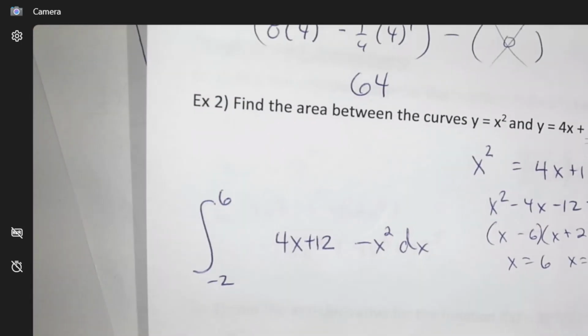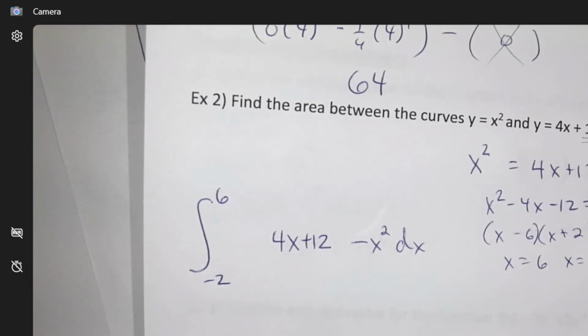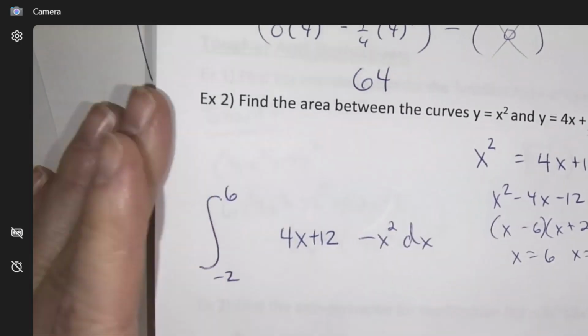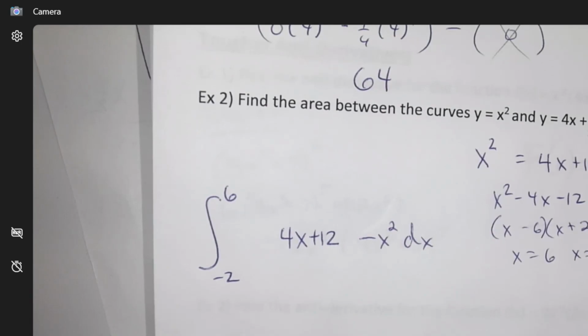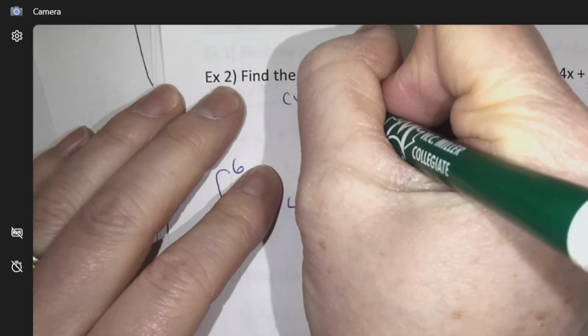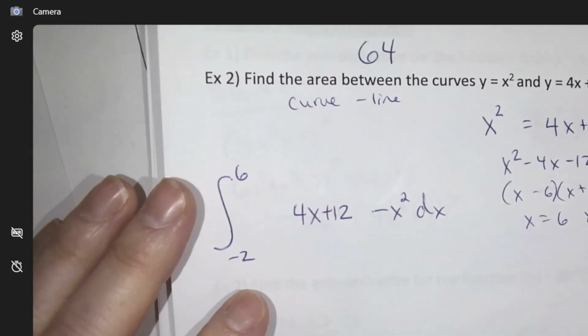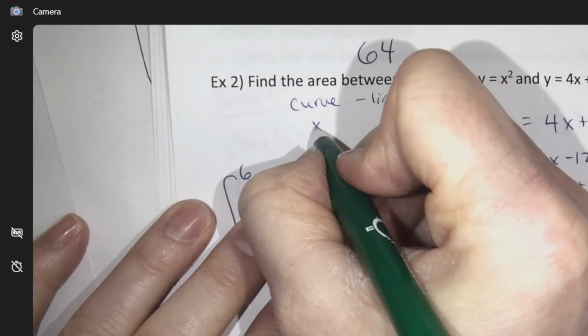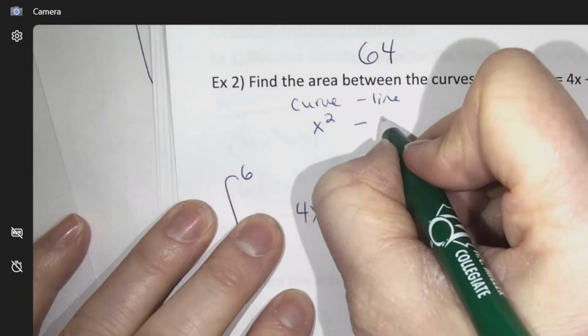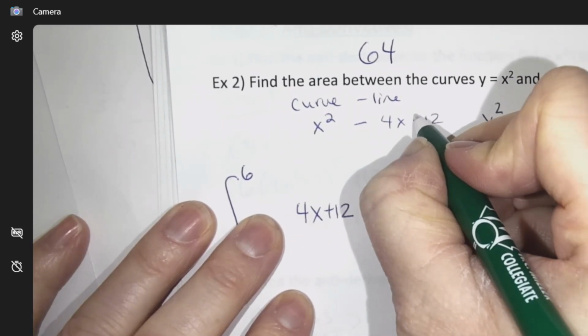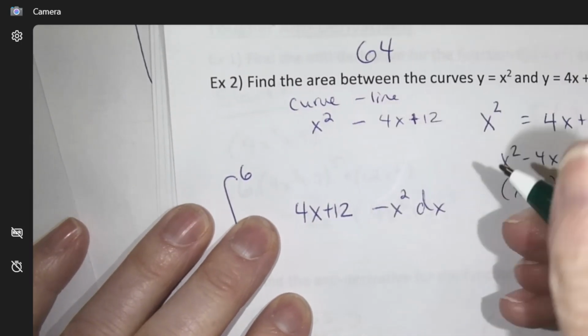Okay, I'm just going to pause here because this is a mistake people make. It's okay if you do it the wrong order. Your answer will come out negative, and that's fine. You just change it, right? But if I did it the wrong way and I did the curve minus the line, this is wrong.